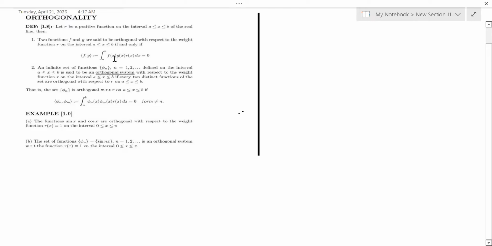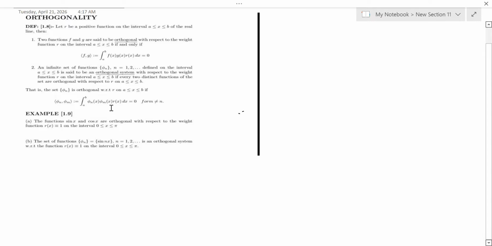Another way of defining this mathematically is to say that this set is orthogonal with respect to the weight function on this interval if the integral from a to b of phi of n, phi of m, r of x dx is equal to 0 for every m that is not equal to n.